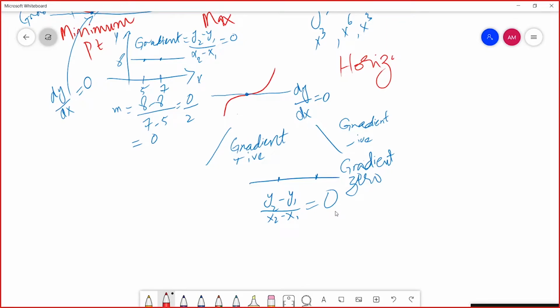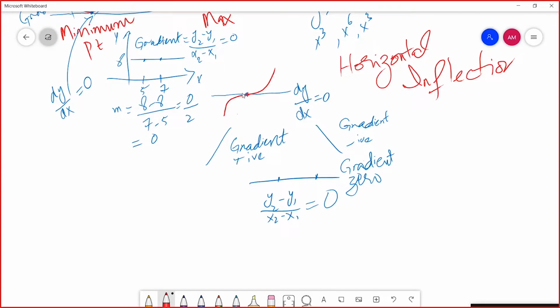Now if you look at here, what about the gradient after this point if there is a horizontal inflection? Where I am putting my mouse here, it's going to slowly increase like an exponential graph. The gradient is positive. We just look at the sign.